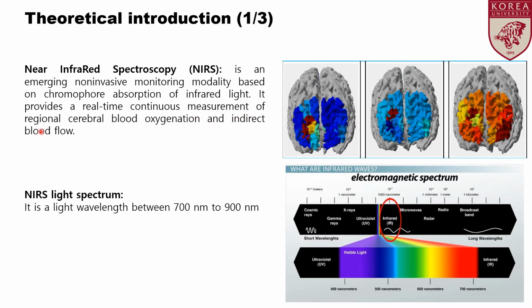It provides a real-time continuous measurement of regional cerebral blood oxygenation and indirect blood flow. The light used in near infrared spectroscopy is the light spectrum between 700 nanometer to 900 nanometer, and this lies very near to visual wavelengths of the light.